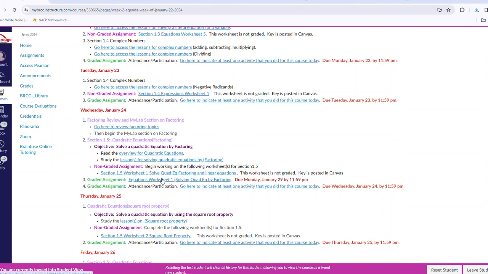The lessons that go with it are right here. So this worksheet, part of it deals with factoring, and then there's a problem from the last week, but there's a problem on here with factoring, and so the lesson on factoring is right here.